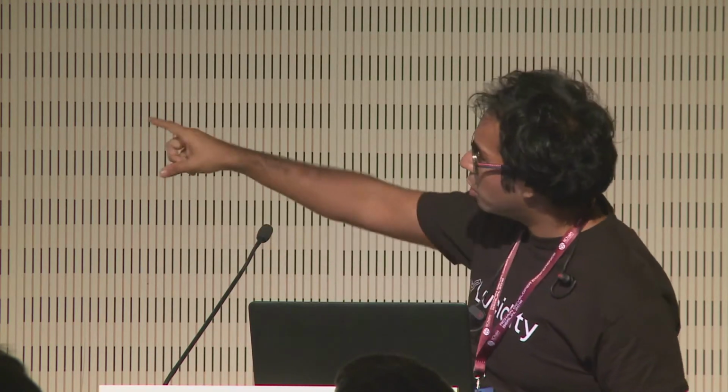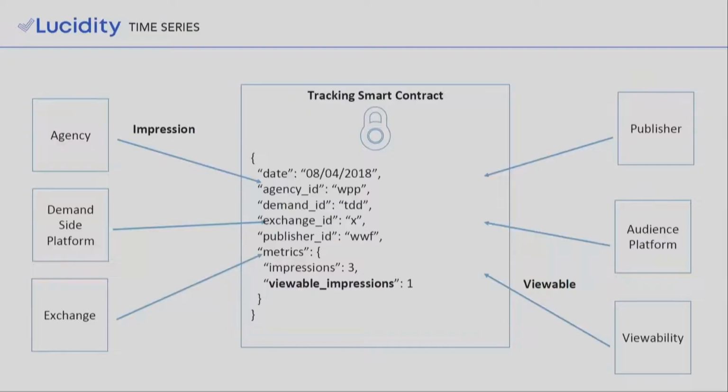As I mentioned before, we get the impression signal from the agency and the viewability signal here, but together they make a viewable impression. And so ultimately, we create this new type of billable metric, and that's the metric that the advertisers are going to pay on. That's kind of the entire idea. So here I want to show two things: the time series aggregation optimization and the compound metrics, and how that data looks on chain.